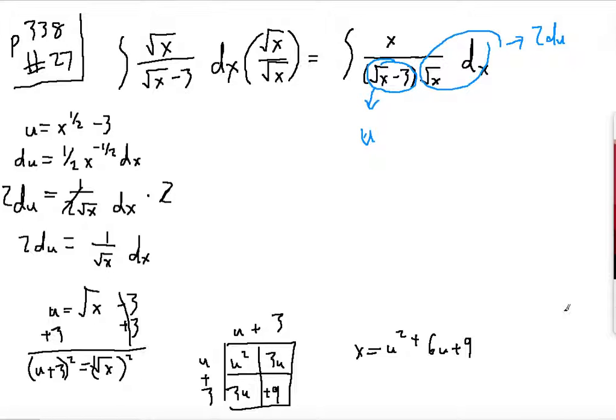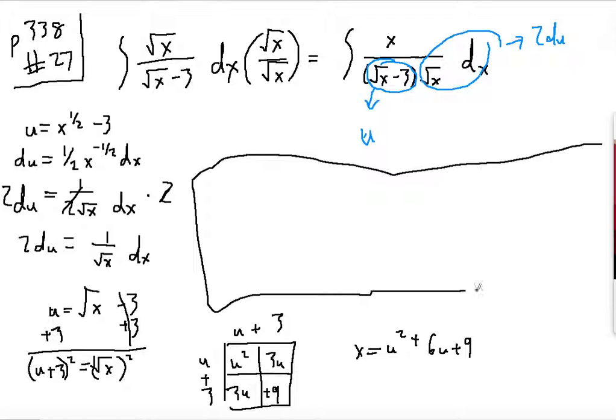I'm running out of room, but I'm going to make some. We'll carve out a little section. All of this now, we're going to take our integral and replace our pieces again. We have now the integral of, I'm going to plug in my terms with u, u squared plus 6u plus 9 going on top where this was.